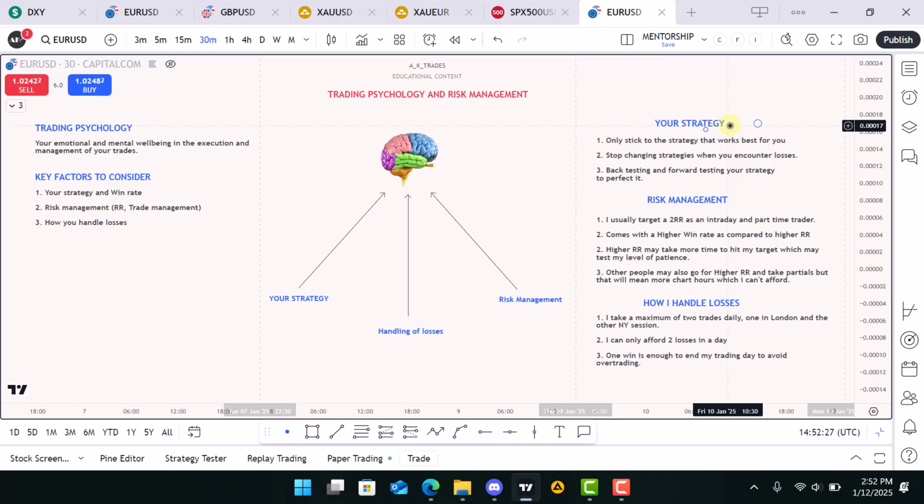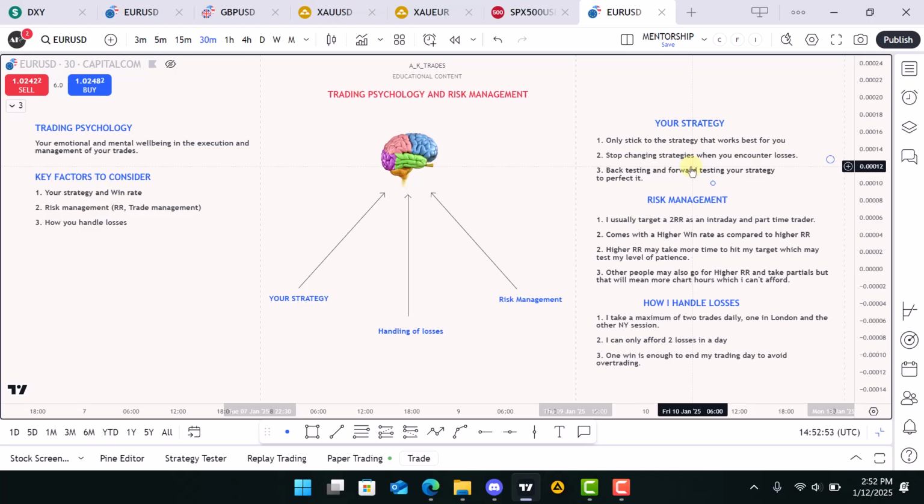But where there is money involved, all your mental abilities, your trading psychology, your trade management, everything comes into play. So I prefer forward testing rather than backtesting.